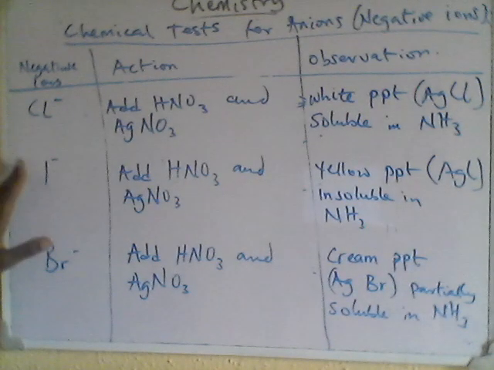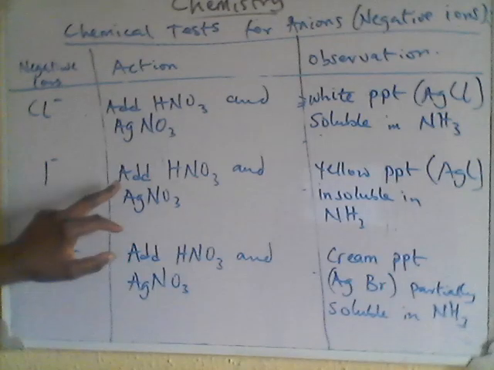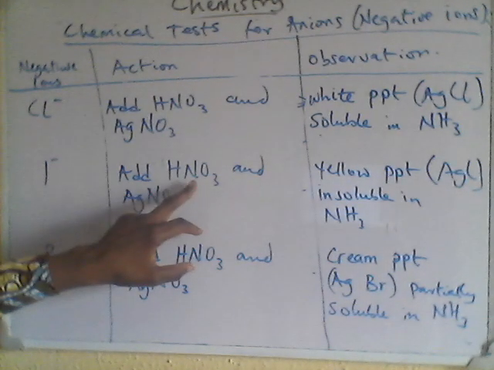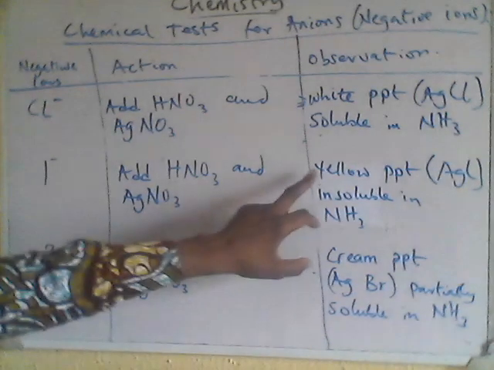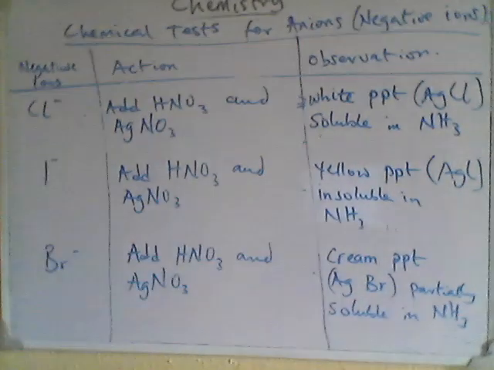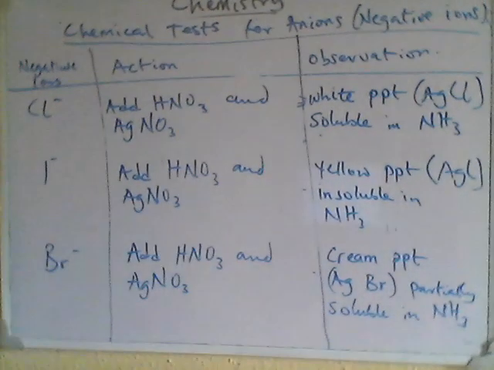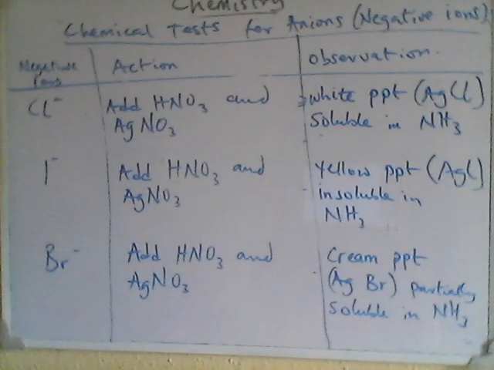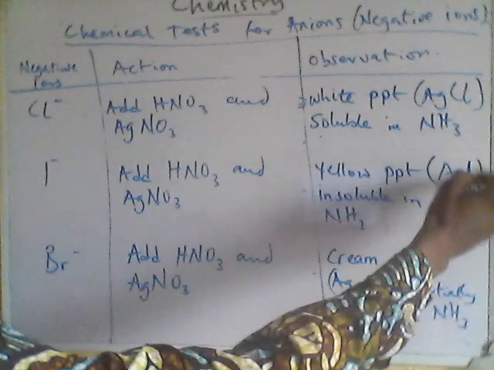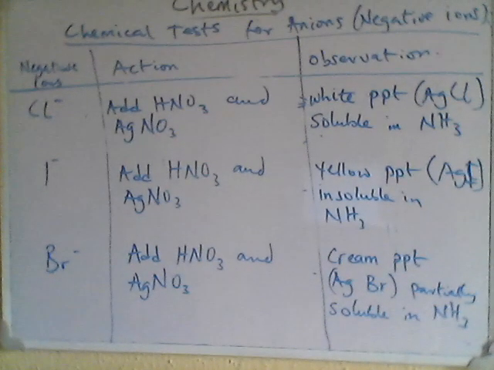Okay, so for iodide ion, if I add nitric acid and silver nitrate, what I'll be seeing there is a yellow PPT of silver iodide, insoluble in water, insoluble in ammonia.